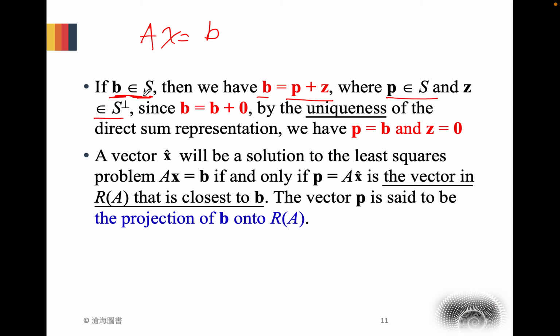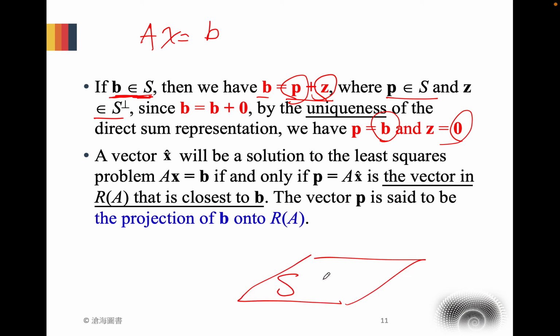However, because B is in S, B is equal to B plus 0, where P is equal to B and Z is equal to 0. So B is equal to P, and there is no error Z.